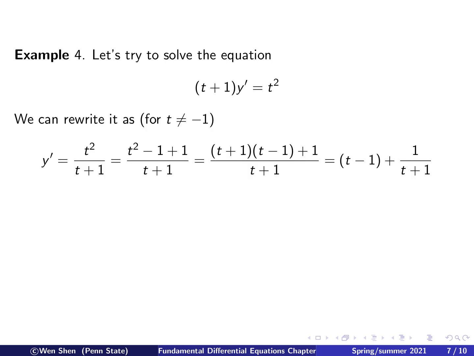Okay, let's manipulate a little bit. So we wish to move this term to the right hand side of the equation. That is, we'll divide both sides by t plus 1. We can do this provided that t is not negative 1, so that this is not 0. If we do that, then we see y prime equals t squared over t plus 1, which is a function depending only on t and not on y.